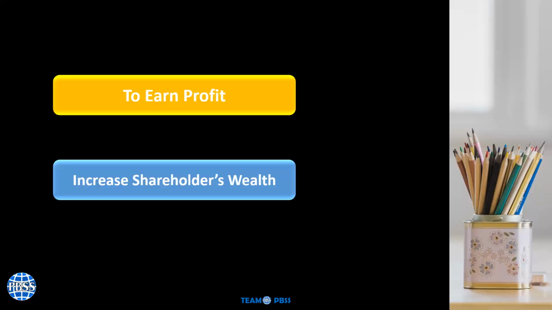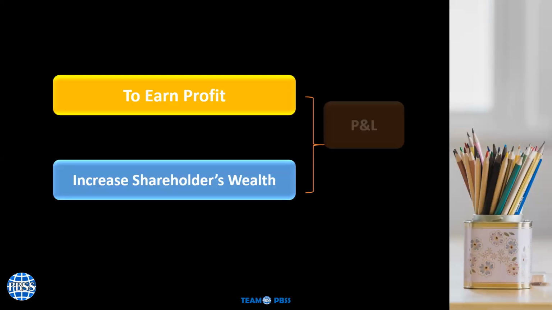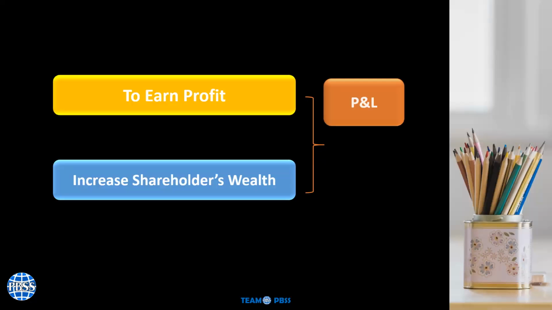What are the tools available? There are mainly 2 financial statements available to check profitability and shareholder base. The first one is the profit and loss account. That's the one main financial document in financials. You can see whether your business is profitable or not.